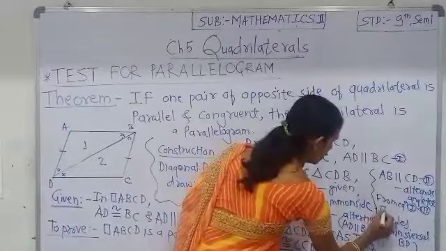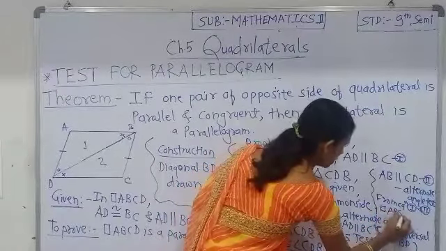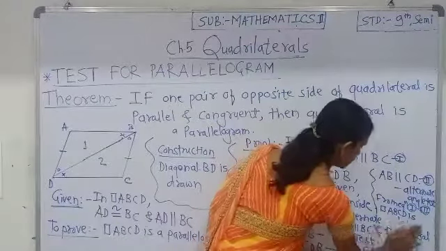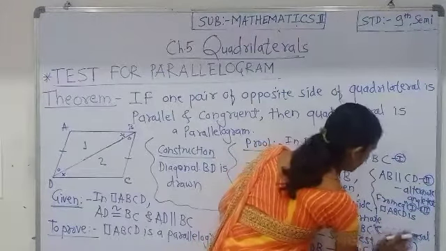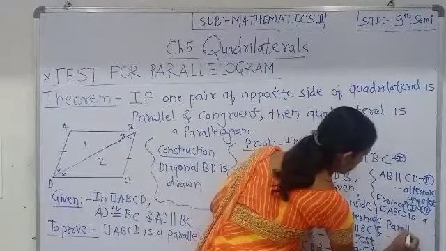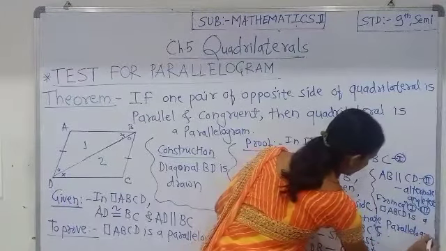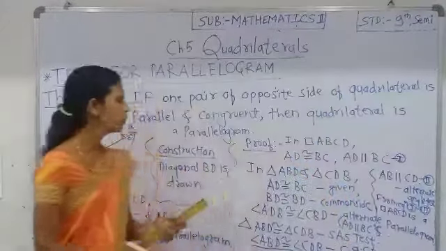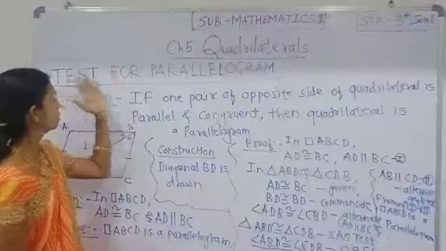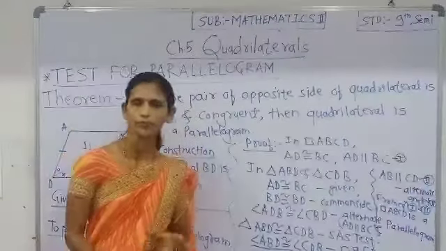Therefore, quadrilateral ABCD is a parallelogram. That is the proof of that one property which is given under test for parallelogram.